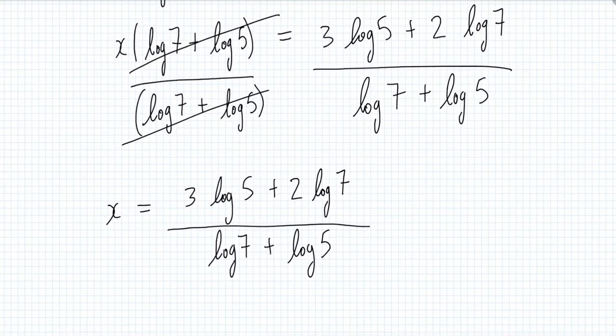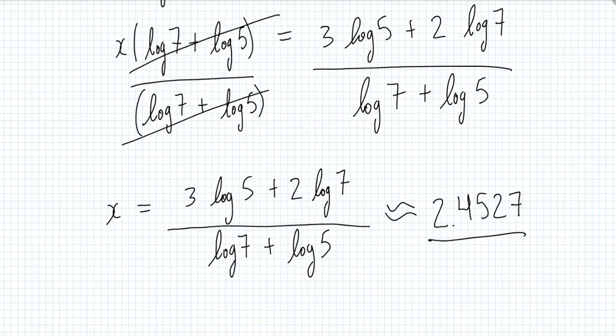Depending on how your teacher wants you to answer, if it's a test with no calculator, this will very likely be your final submission. However, if your teacher wants you to use a calculator and give him or her an answer to 4 decimal places, I'm not going to do it live here, but by plugging this into your calculator to 4 decimal places, you're going to get 2.4527.